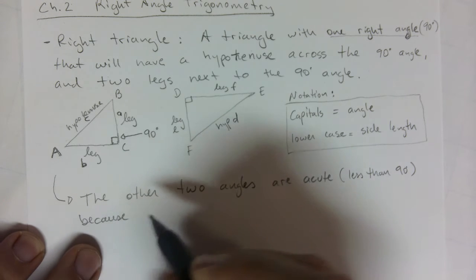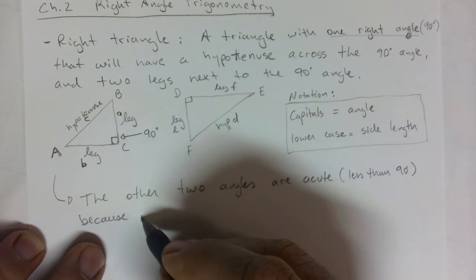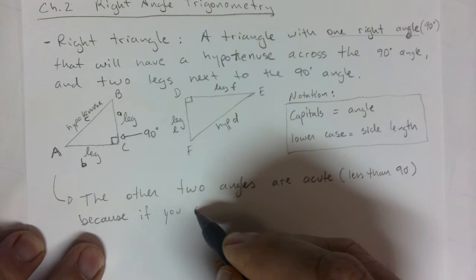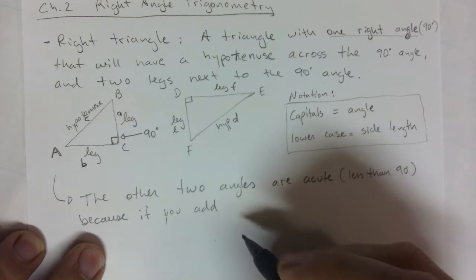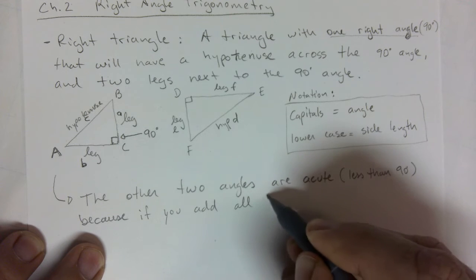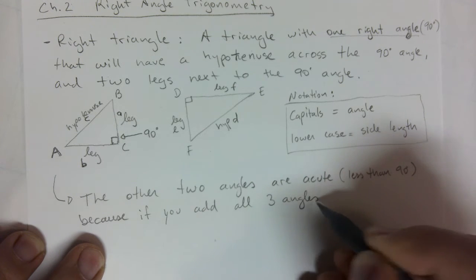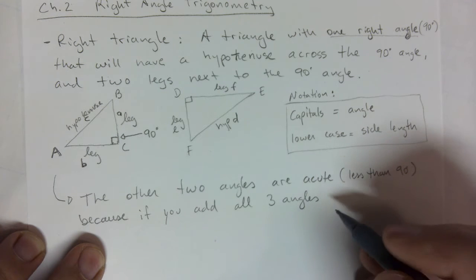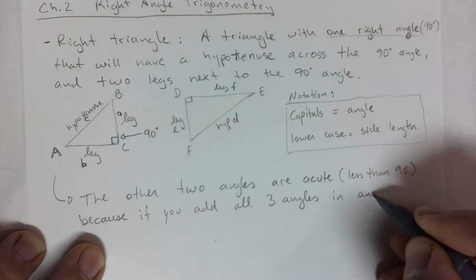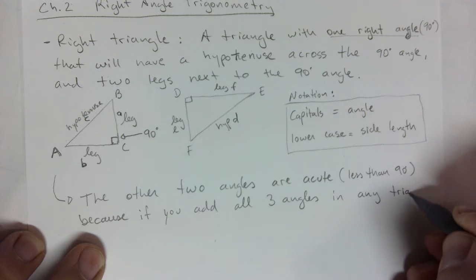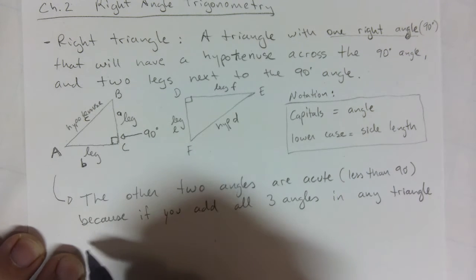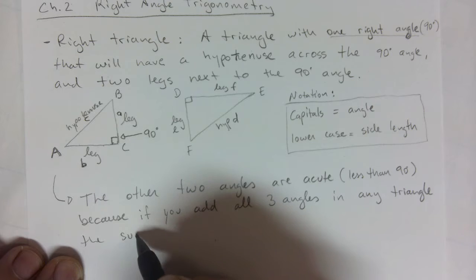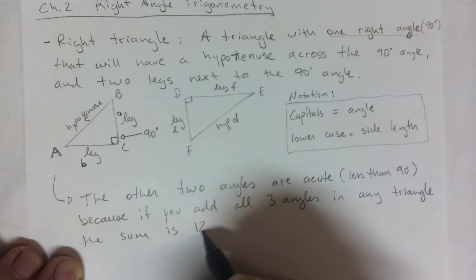Because if you add all three angles in any triangle, it doesn't have to be a right triangle, the sum is 180.